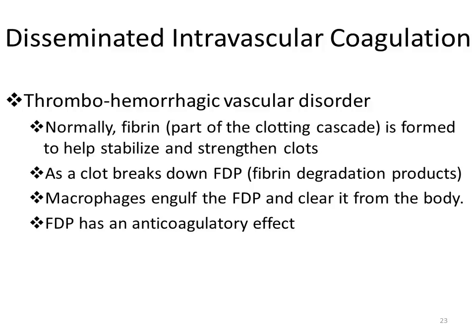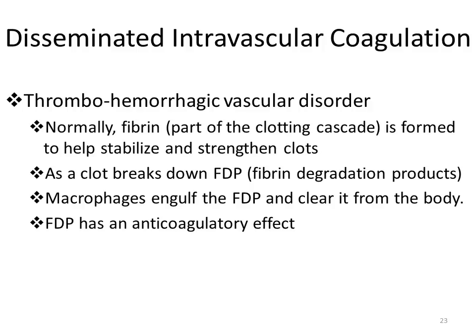That's good. Because if it was a localized response, the blood clot breaks down, releases FDP, and FDP is an anticoagulant. And that's good because we don't need any more. We've solved the problem. We don't need any more blood clots coming to this area, so that FDP as an anticoagulant stops blood from clotting in that area.